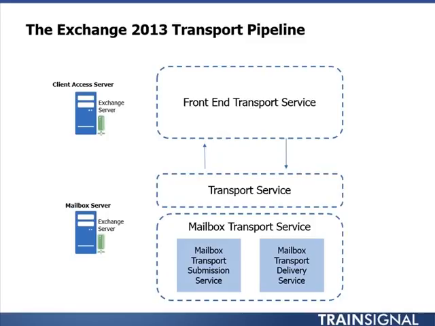Now, the transport service runs on your mailbox servers, and it's pretty much what we had before with your hub transport services. So, you remember the hub transport server role? If an administrator says, yes, I remember hub transport, I worked with Exchange 2010, okay, then you can basically tell them that we still have a front-end transport service, but for the most part, your hub transport services have been merged into the mailbox server role.